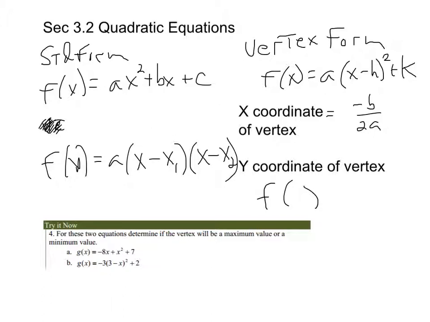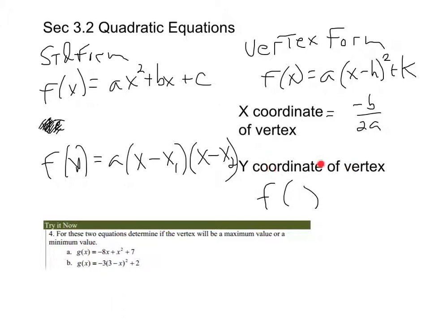Let's see, what else do I have to talk about? To find the vertex, while you're still not in a calculus class, the only way we know how to find a vertex aside from graphing it is to take the b from your standard form, change the sign, divide it by 2 times whatever that leading coefficient is, and that'll tell you the x coordinate of the vertex, which is what goes right there.